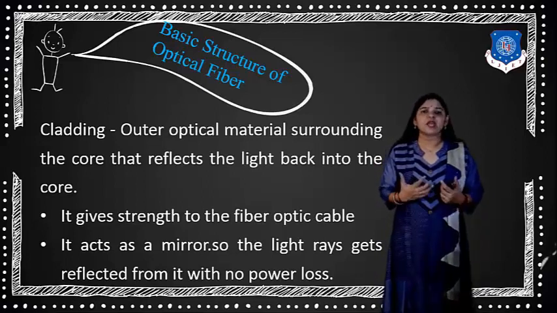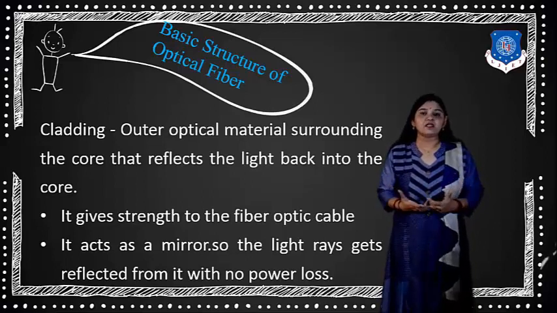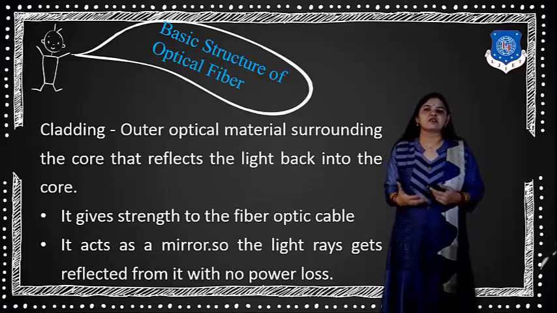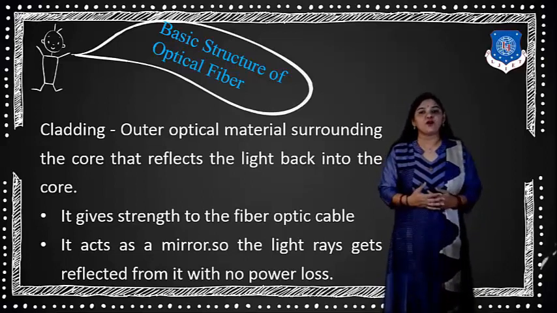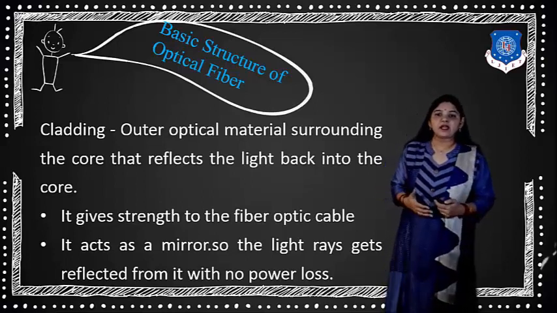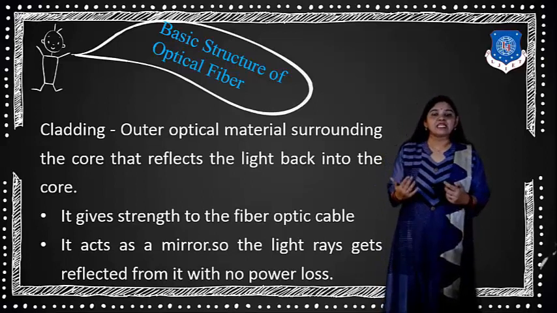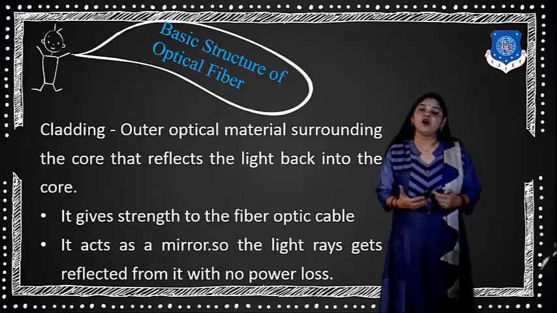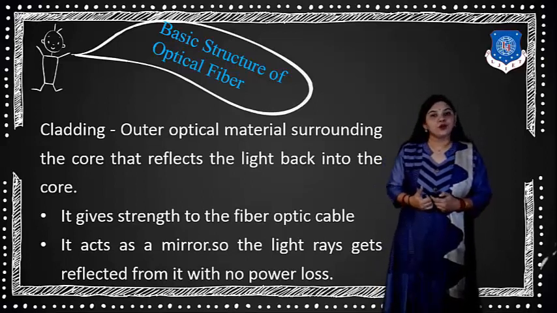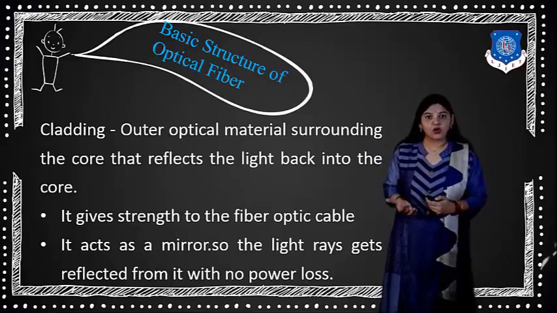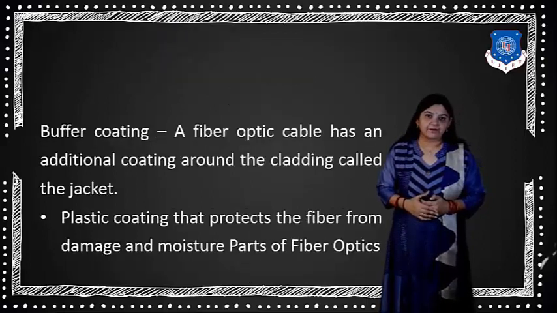To protect against everything, the structure of this material provides strength to the optical fiber cable. It can also act as a mirror, so that the light rays get reflected from it with no power loss. That is why we have the core and the cladding.